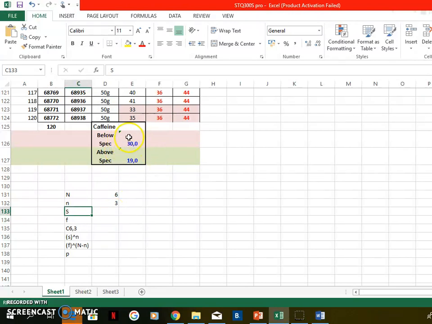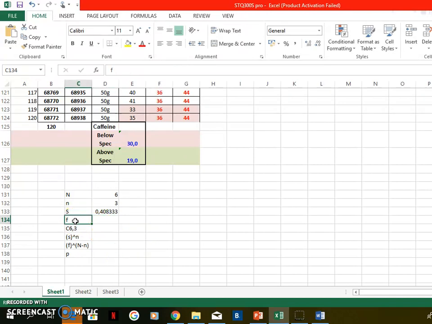Now we see that there are 49 produced that are out of specification out of the 120. So our s is equal to 49 divided by 120, which equals 0.408333.